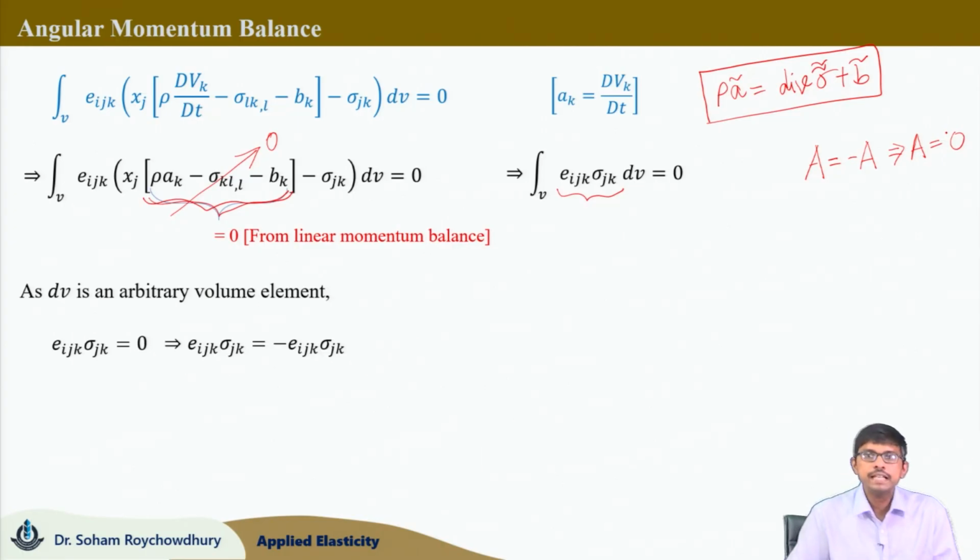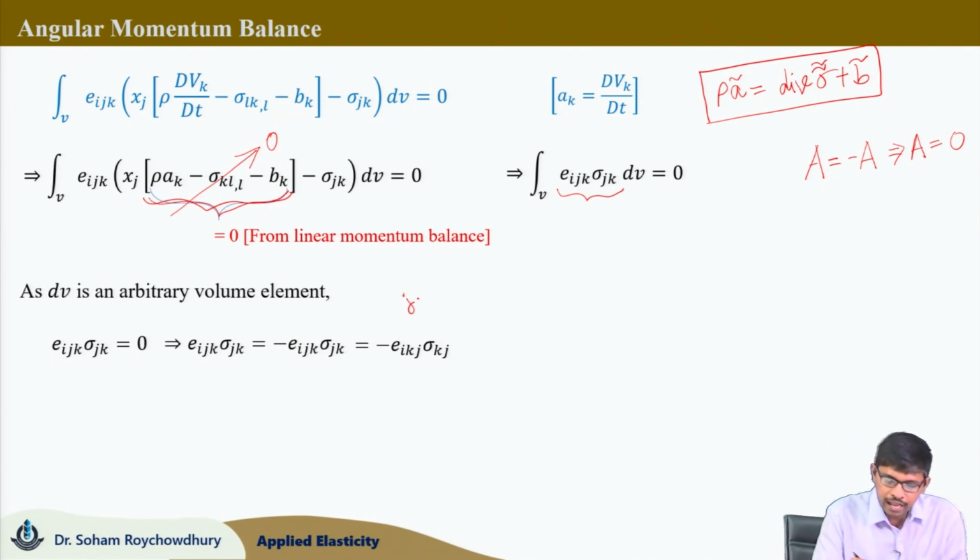Now, slightly manipulating this term by changing the indices, first I am flipping k and j. j is replaced with k and k is replaced with j.